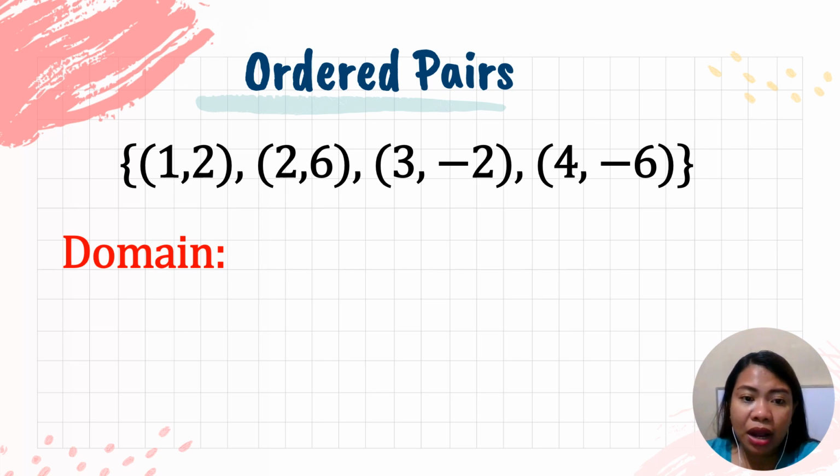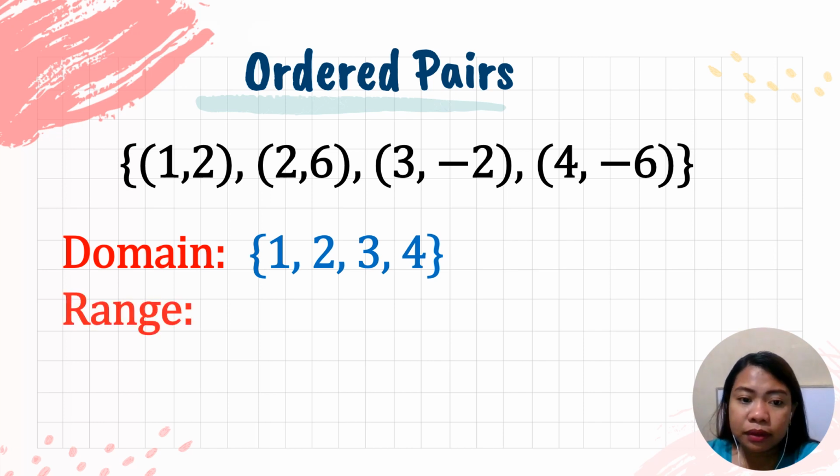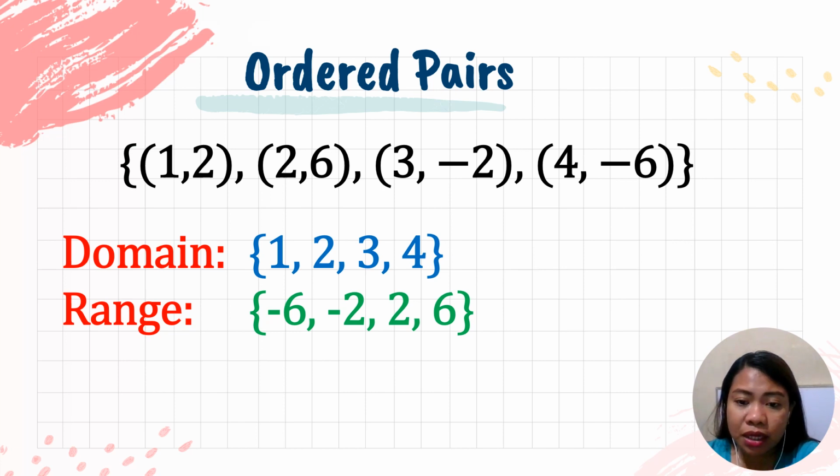So let us list down all x coordinates, which are 1, 2, 3, and 4. As you can see, the x coordinates are not repeated. While the range, we have the y coordinates, which are -6, -2, 2, and 6.